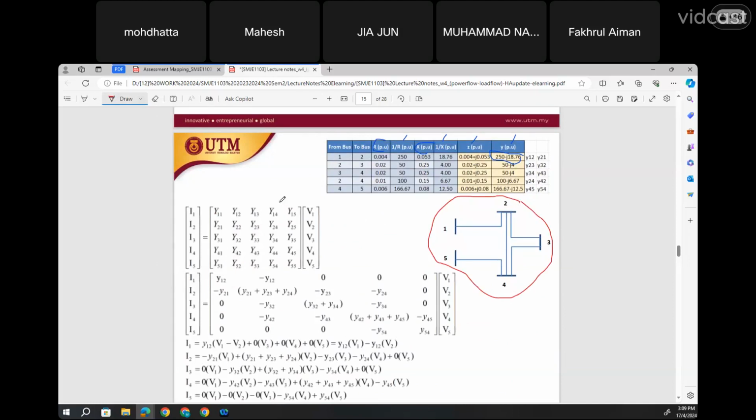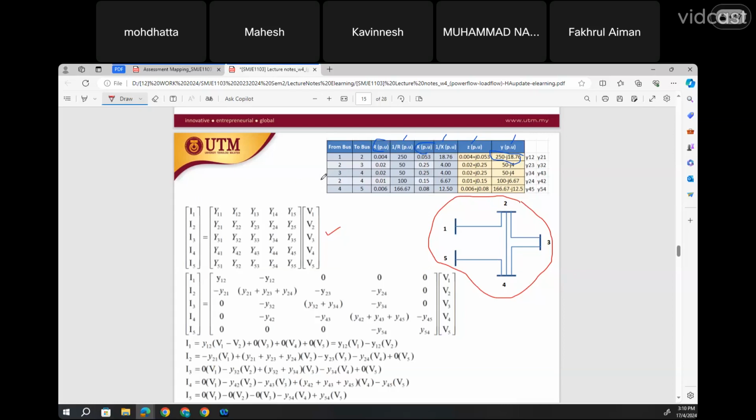Since we need the admittance matrix, the format will look like this, and we have up to 5 buses, meaning that we should have a 5 times 5 square matrix. For the current, we should have 5 times 1, and this is also a 5 times 1 matrix, in order for us to arrange the equation correctly.